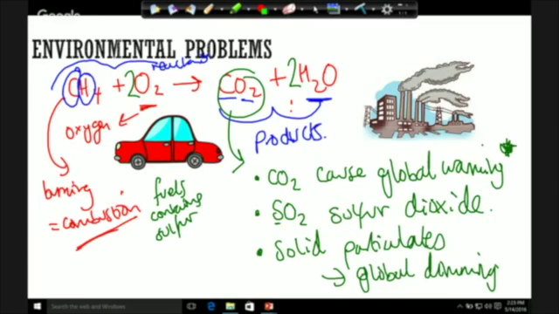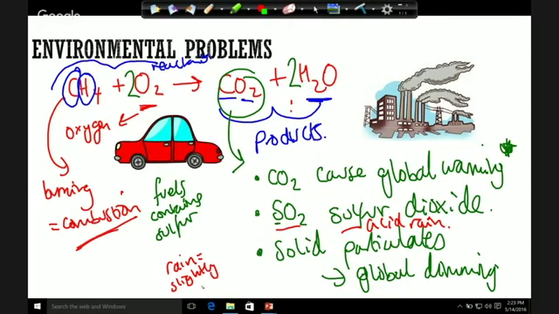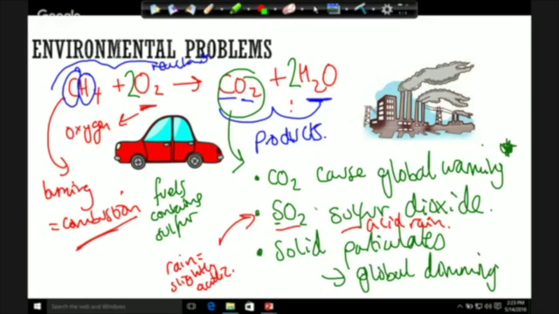Okay, so the sulfur dioxide, I forgot to say, this can cause acid rain, because when this gas goes up and dissolves in the rain, sulfur dioxide causes acid rain. Now rain is already slightly acidic, but when the sulfur dioxide dissolves in the rain, it makes it more acidic.